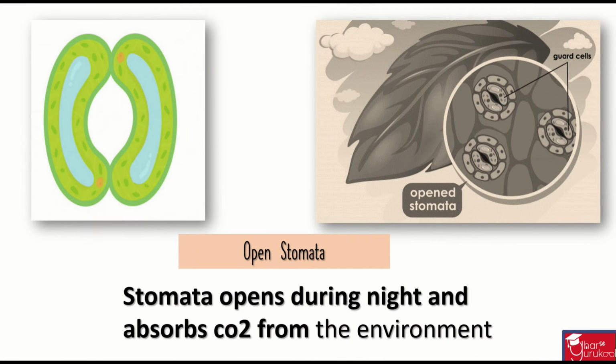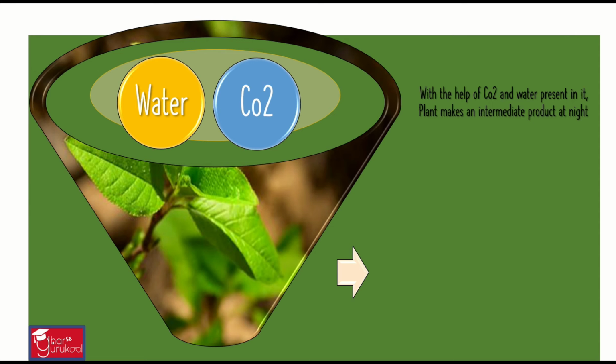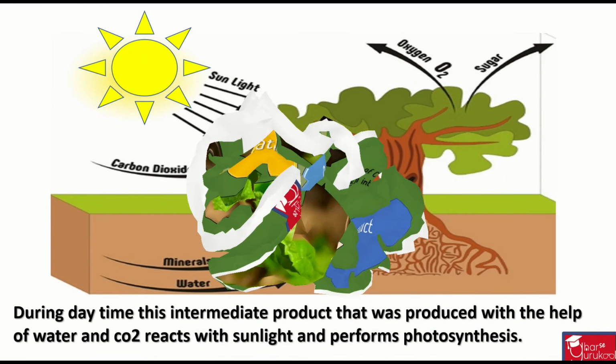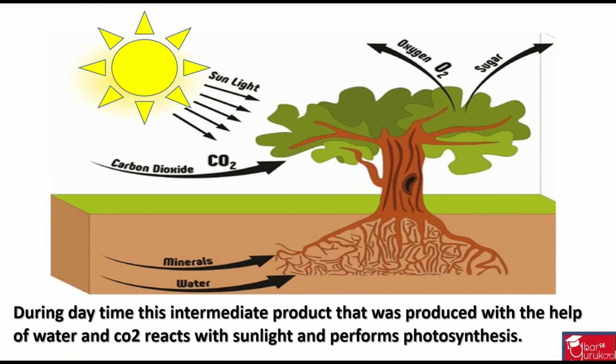With the help of carbon dioxide and water present in the plant, it makes an intermediate product, and during daytime this intermediate product reacts with sunlight and performs photosynthesis.